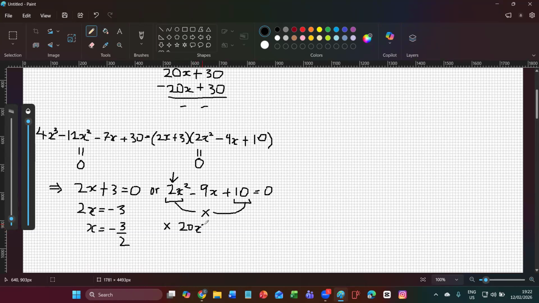And if it's not possible, then we will have to switch to the almighty formula. And when we add them, they will give us minus 9. So can you think of two numbers such that when you multiply them, you get 20, and when you add them, you get minus 9?